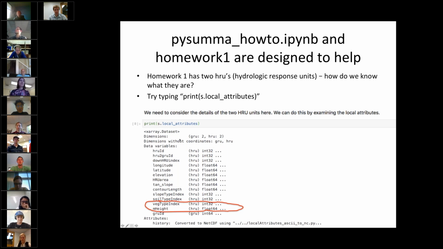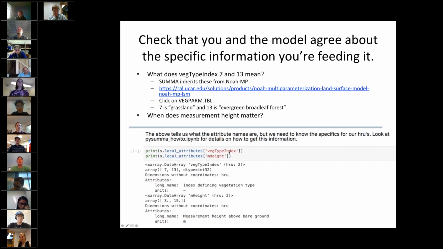And then just to save your time, you can look at any one of these. These differ by their vegetation type index and their measurement height. So first you type this, it gives you the list of all the names. Then you say, I want to know this information about this specific name.